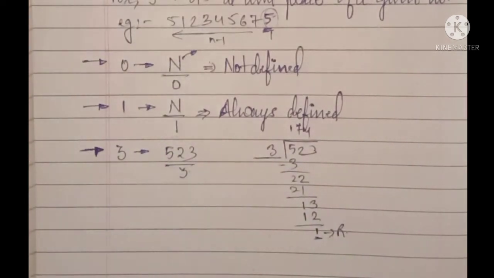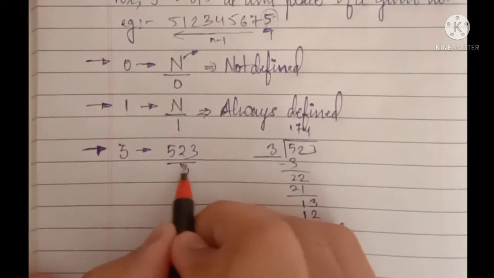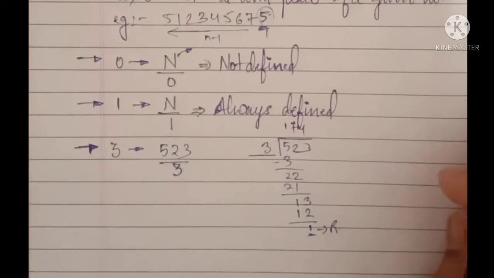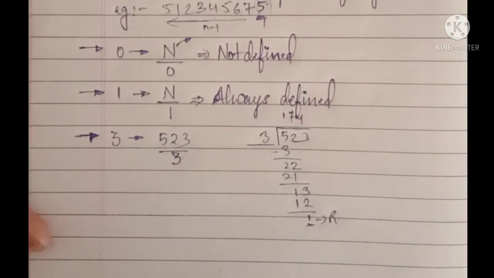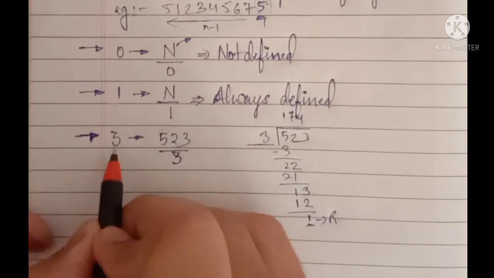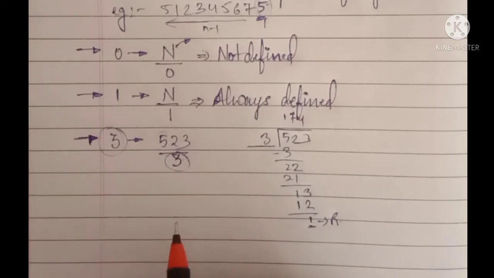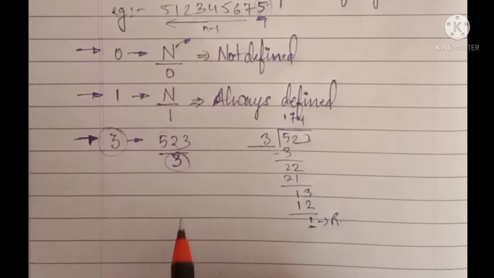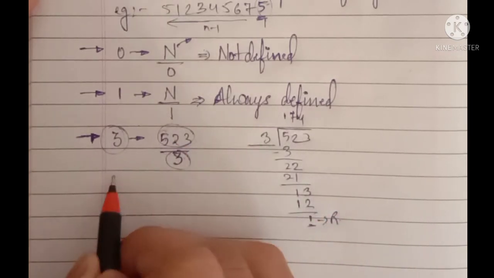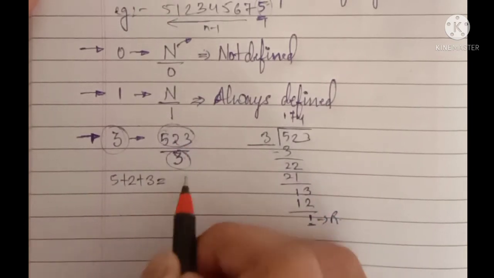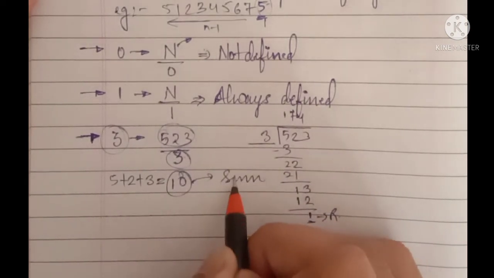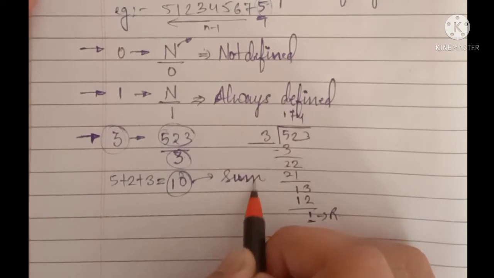So this is not divisible by 3. What we did is the calculation division method that we learned in childhood. Now what we do here: always remember, we are checking the divisibility test for the number 3. This is a 3 digit number. You just need to add: 5 plus 2 plus 3, that is 10. 10 is the sum. Is this sum divisible by 3 or not?